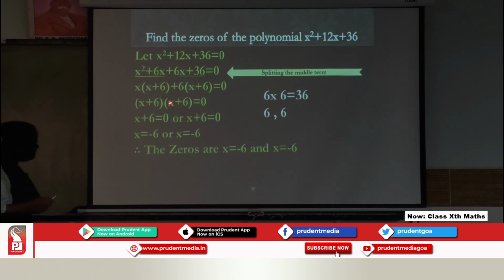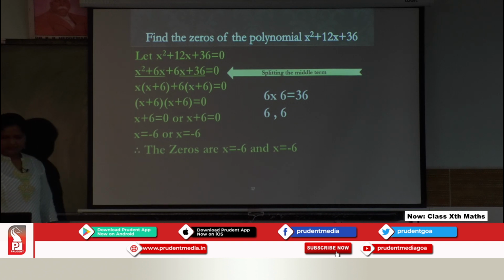The product of two factors is 0, that means each one can be equated to 0. So x is equal to minus 6, or for the second one x is equal to minus 6. Here both the roots are equal. Therefore the zeros are x equal to minus 6 and x equal to minus 6.